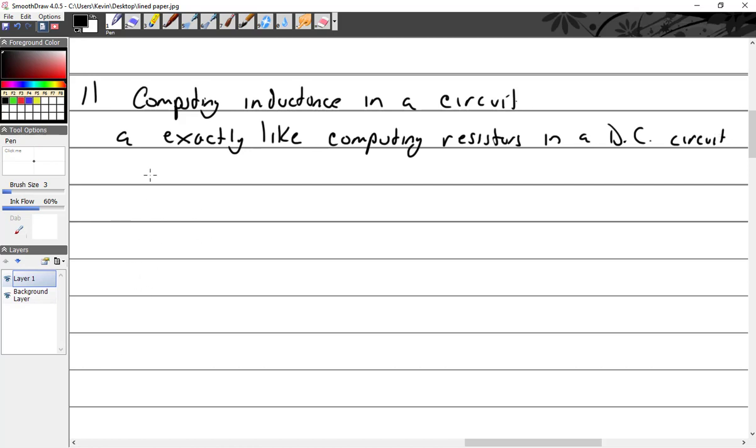So in other words, inductors in series. L total, L for inductor, equals what? Help me out. L1 plus L2 plus L3, infinity. Inductors in parallel.